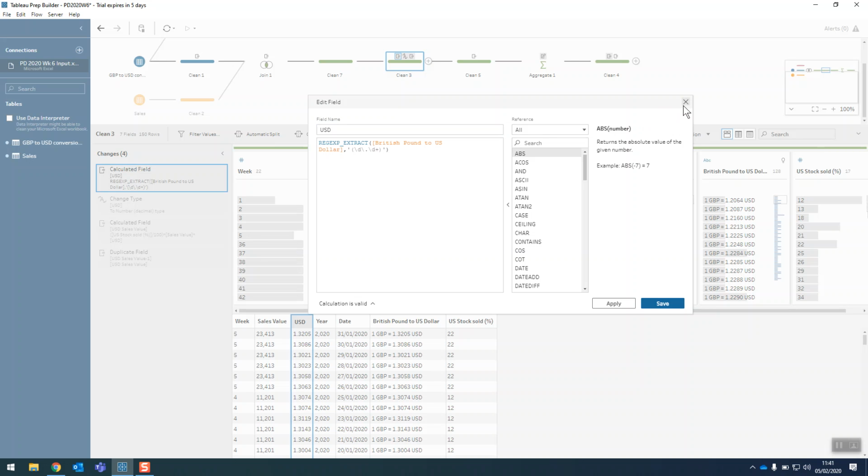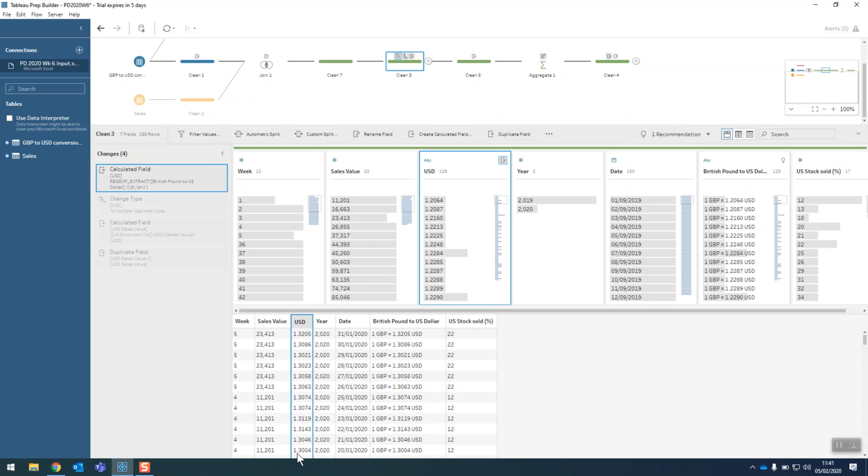And we can see that's working nicely because we get this extra field here with our conversion rate. It doesn't come through as a number initially, it comes through as a string because we're doing a regex string calculation. So we just need to tell Tableau Prep, I want you to treat this as a number now.